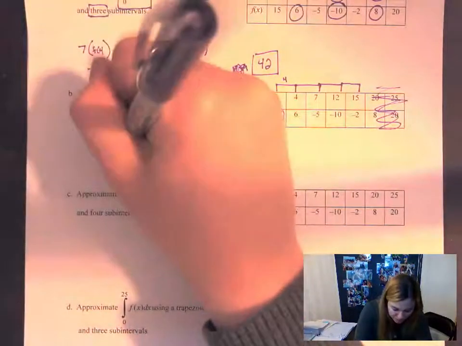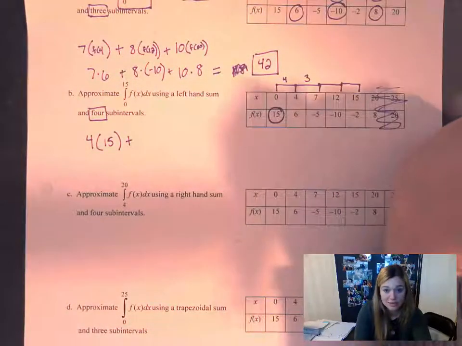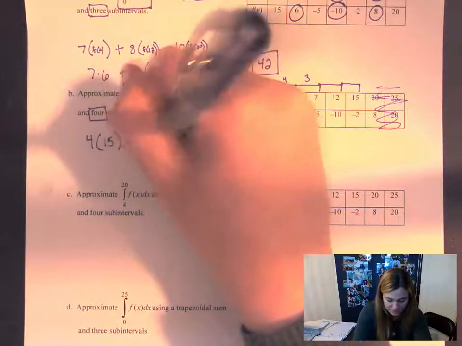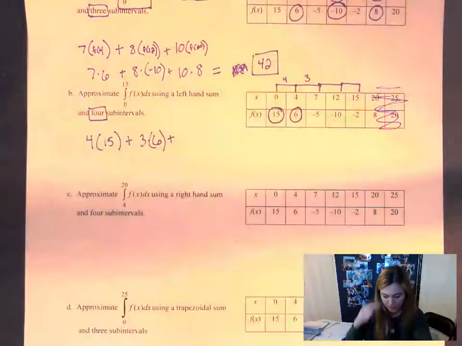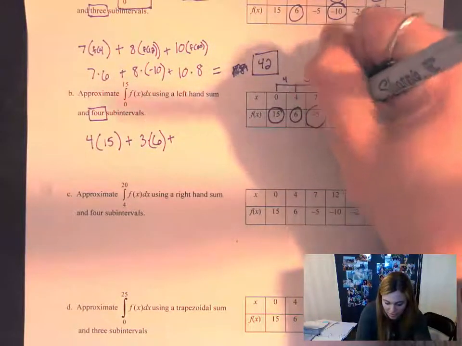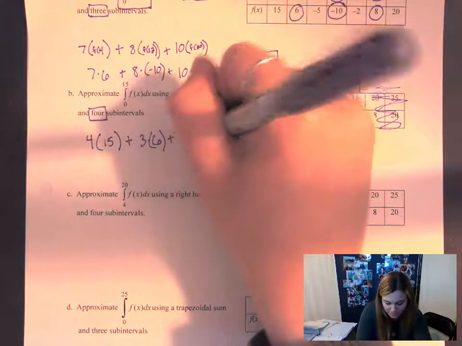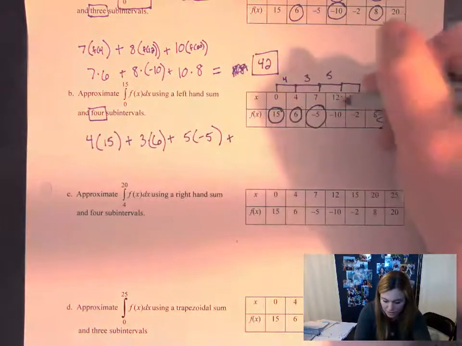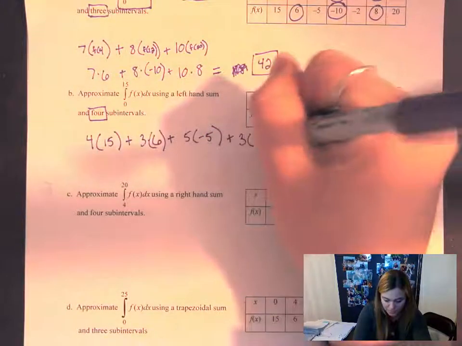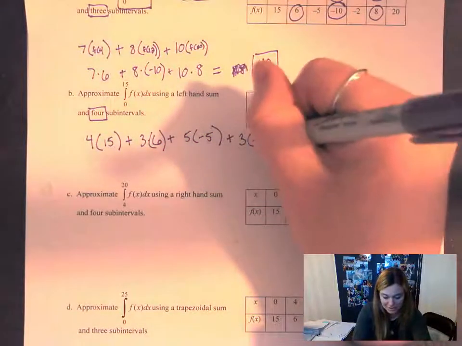So I'm just going to write 4 times 15 plus 3 this time, times 6, because that would be the left, plus 7 and 12 will be 5. My function value on the left would be -5. 12 to 15 has only a width of 3. My left-handmost value would be -10, and I stop there.